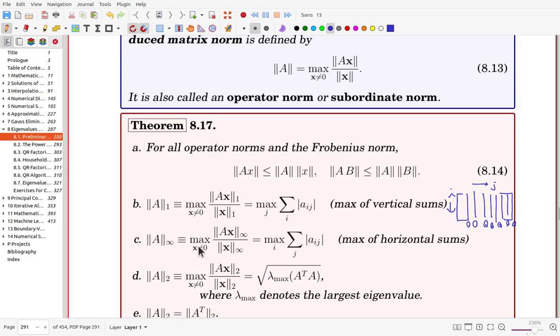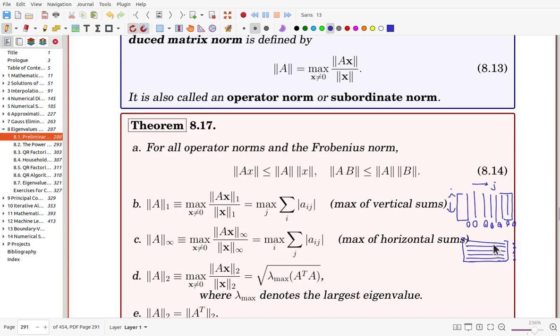Now for the maximum norm, this is the definition, and this is the formula. Here we take the j-directional summation, which is horizontal summation of the absolute values of entries, so that each row will produce a quantity.